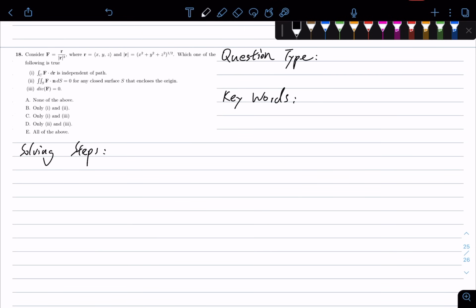Question number 18. Consider the following vector field where r is x, y, z, and the magnitude of r is the magnitude of r. Which one of the following is true? This is a classic radial vector field problem.